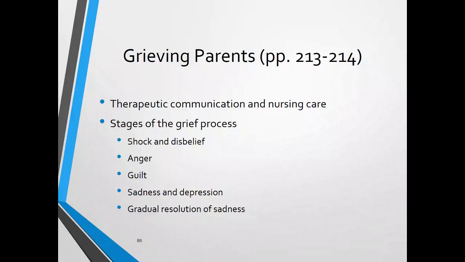So then you have the grieving parents. This would be if their infant ends up having a stillbirth, if delivers prematurely, needs to go to the NICU for a long time and is really sick. They may go through those different grieving processes of shock, anger, guilt.